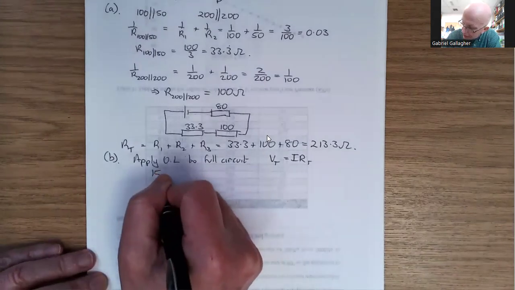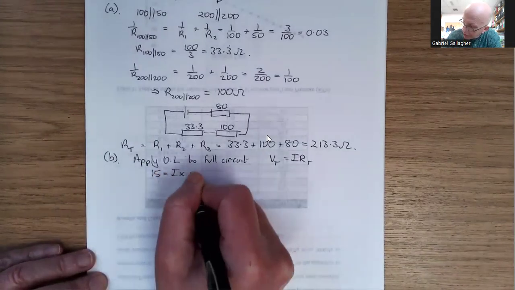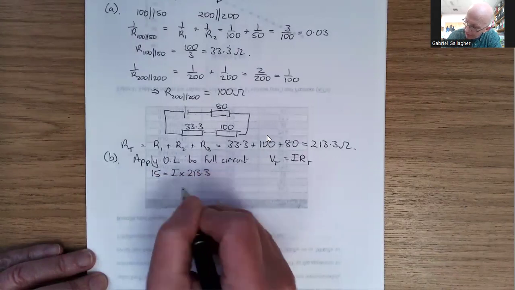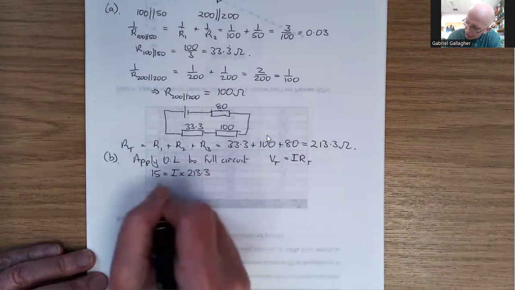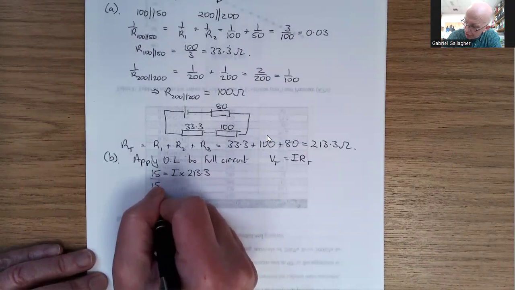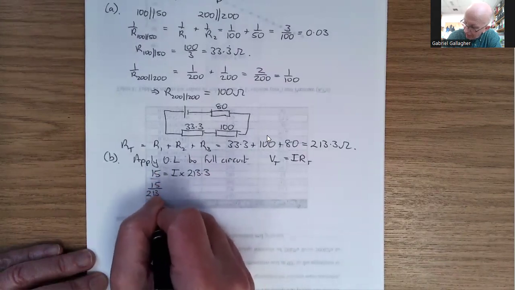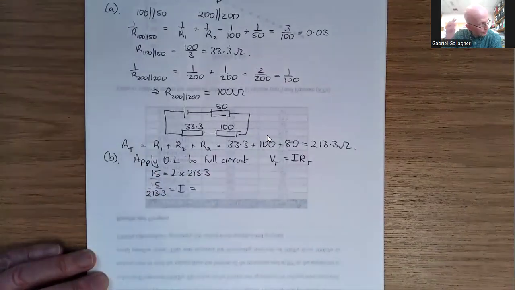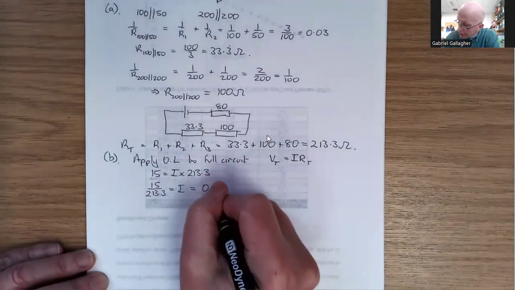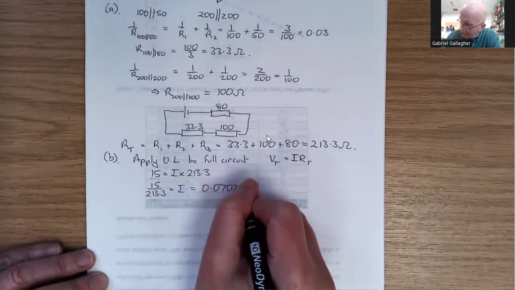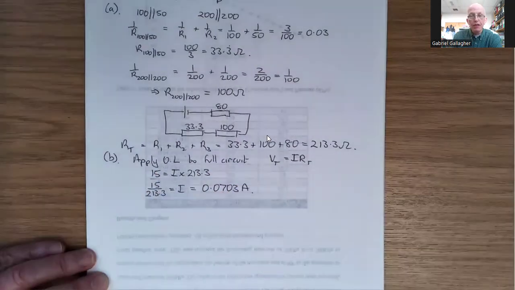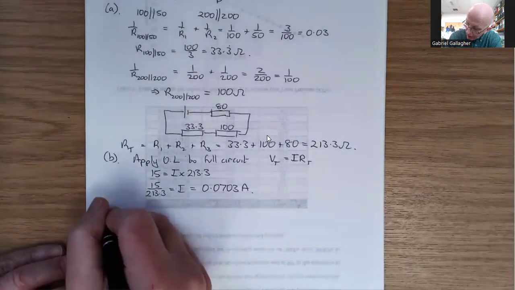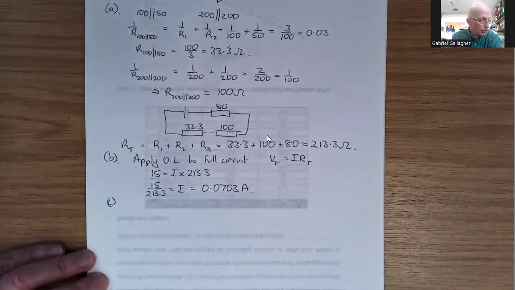So 15 equals I times 213.3. Divide by 213.3, and with that calculation you get 0.0703 amps, or 70.3 milliamps. Again, quite a straightforward part to the question.